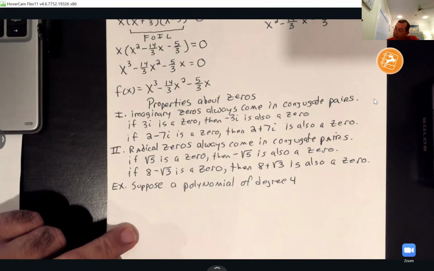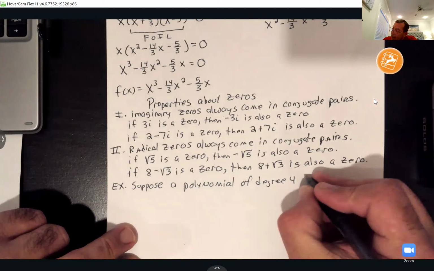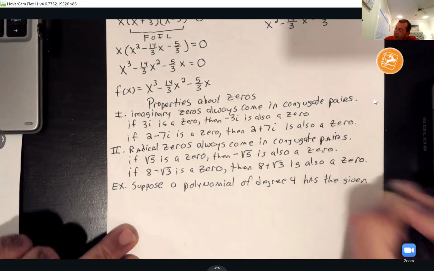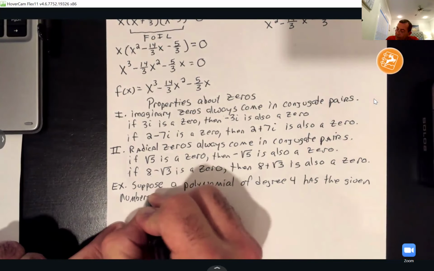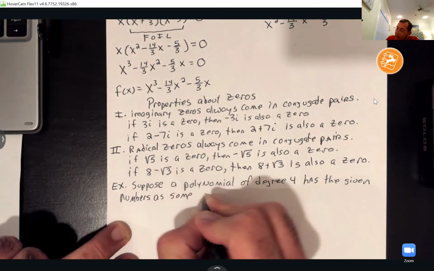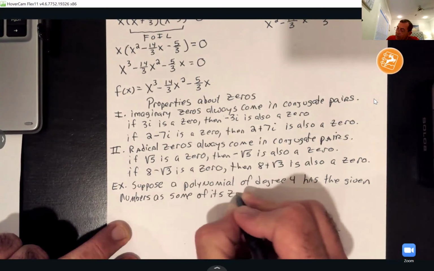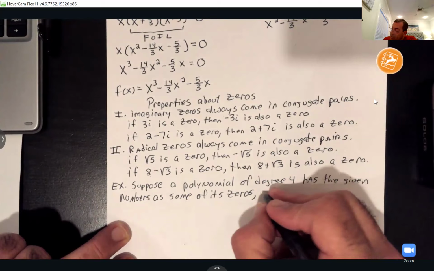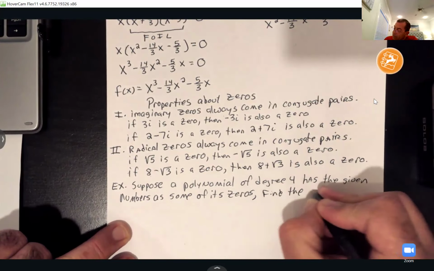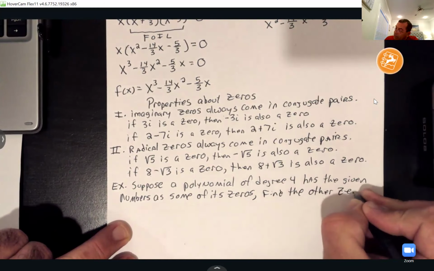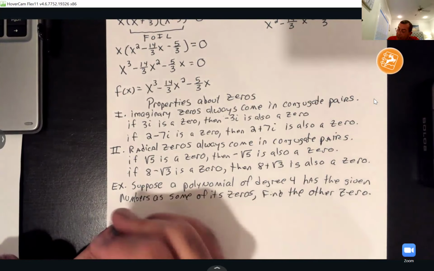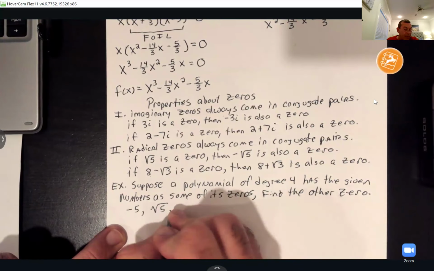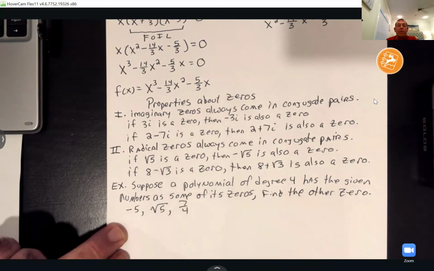So suppose a degree 4 polynomial has the given numbers as some of its zeros. Find the other zeros. So y'all, let me show you the numbers they're giving me. They're giving me a negative 5 as one zero. They're giving me a square root of 5 as a 0. They're giving me a 7/4 as a 0.